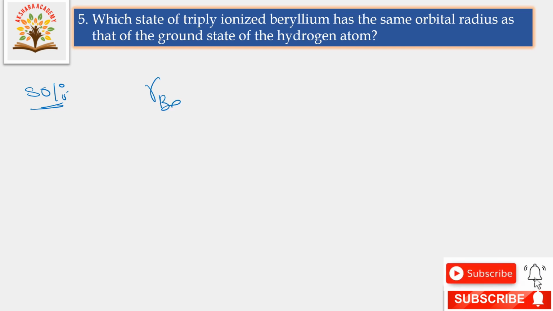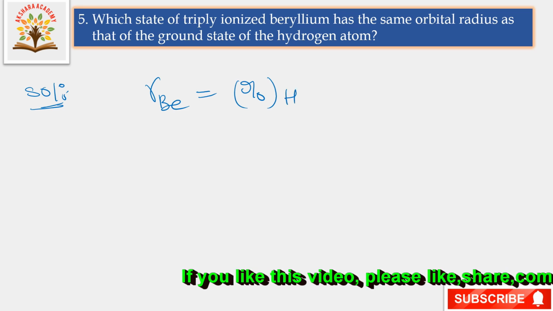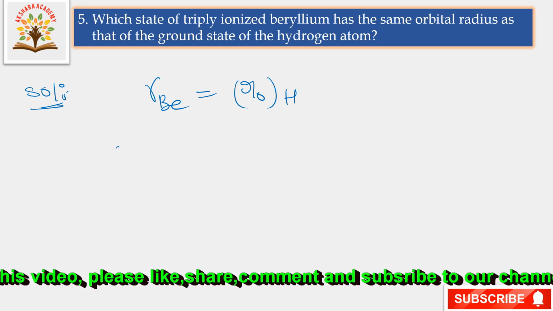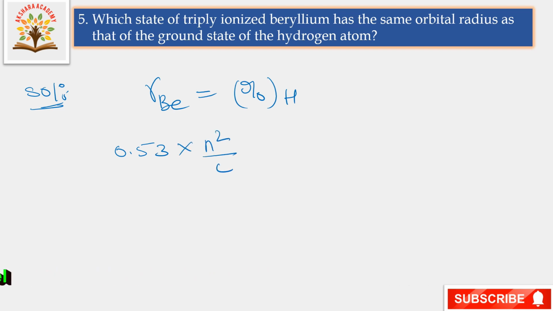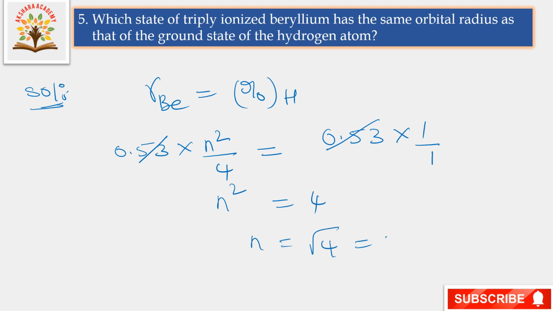Radius of beryllium is equal to ground state of hydrogen atom, that is 0.53 into n square by 4, that is equal to 0.53 into 1 by 1. So 0.53 gets cancelled. n square is equal to 4. So n is equal to root 4, that is equal to 2. Therefore n is equal to 2.